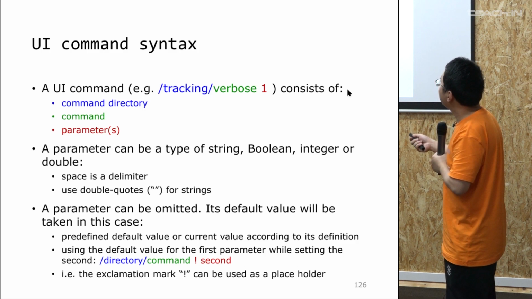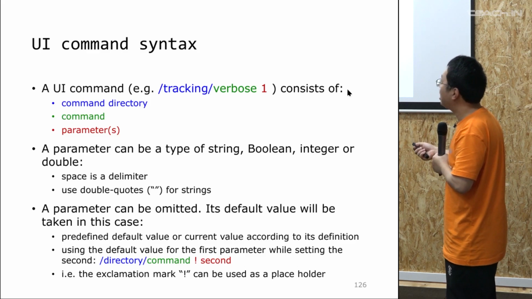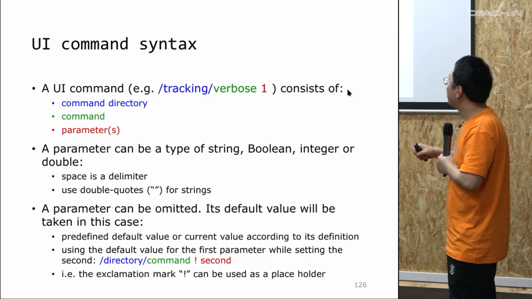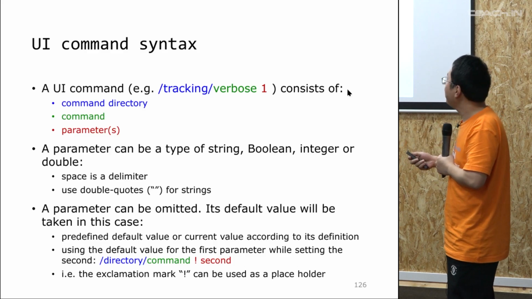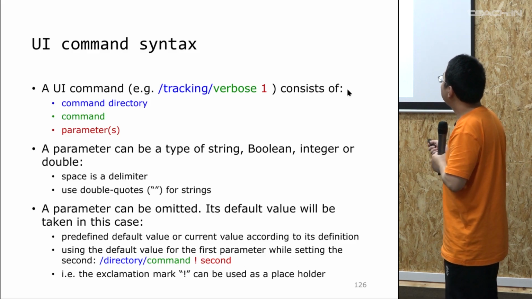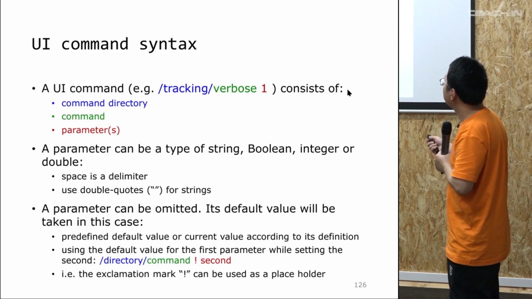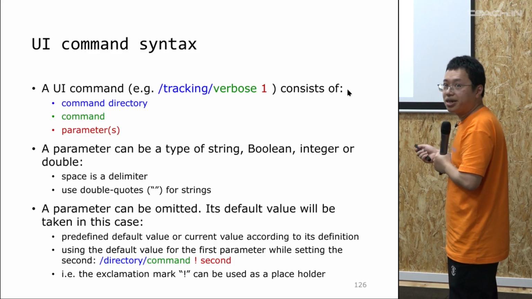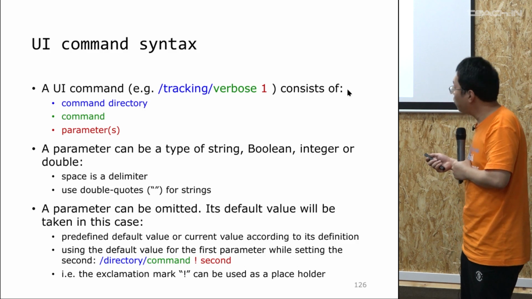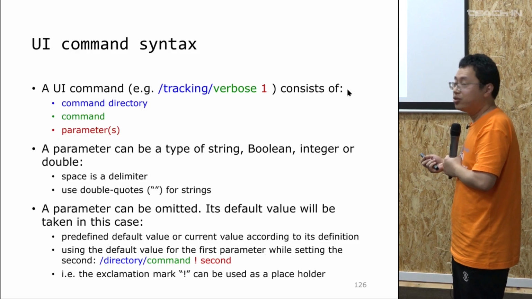As you see, the first part is called the command directory. That means you can organize your commands in a more logical way. Then under the command directory, you have the real command, and then you can have the parameters. So you can change these parameters. The command is defined in the program, but the parameters can be changed by you.